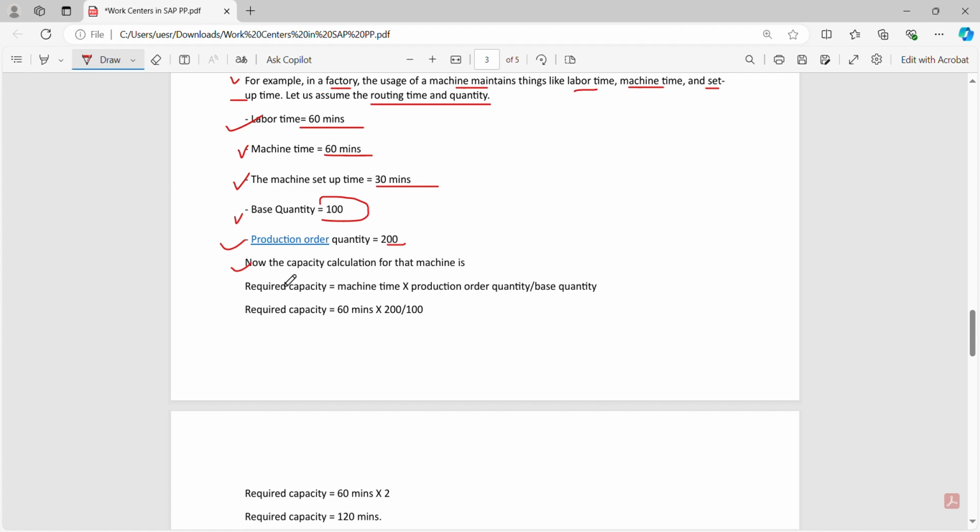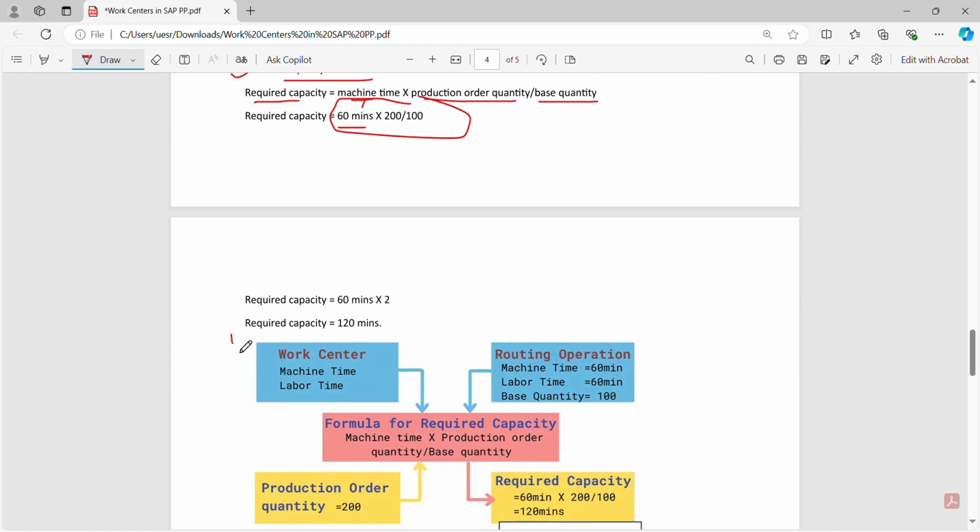Now the capacity calculation for that machine: required capacity equals machine time times production order quantity divided by base quantity. So you get 60 minutes as machine time times production order quantity, that is 200, divided by base quantity, that is 100. So what you will get from this? You will get required capacity as 120 minutes.